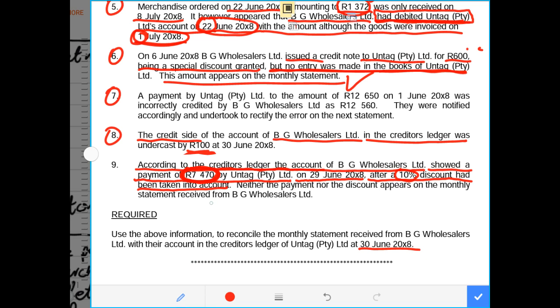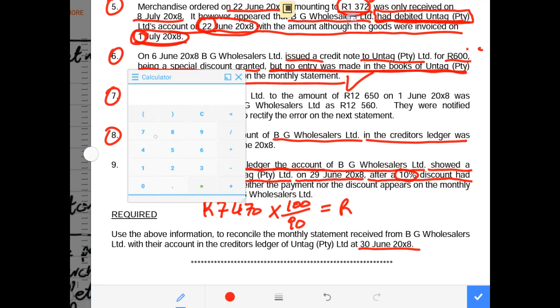So now we are looking for the 100%, which is the amount before the discount. It will be 7,470 times this by 100, divide this by 90, because we are looking for the amount before the discount was taken into account, which is 7,470 divided by 0.9.